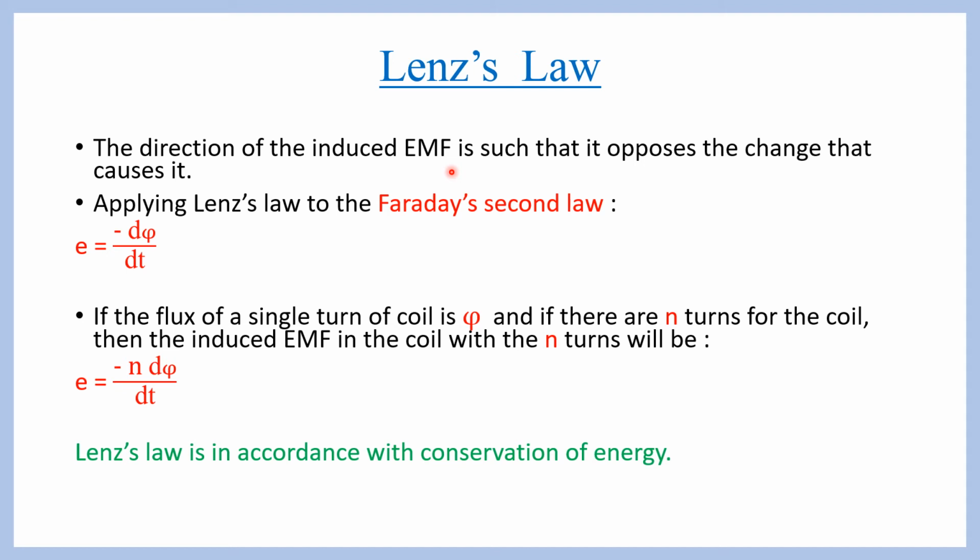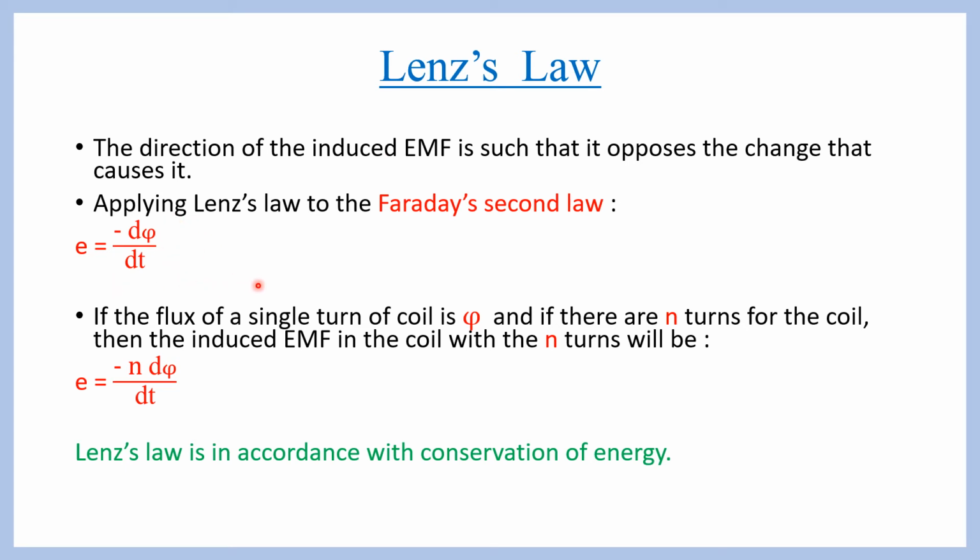The change in flux has to be opposed by the EMF. So EMF and d phi by dt are opposite to each other. That is, the direction of the induced EMF is in such a way that it opposes the change, that is, d phi by dt will be opposed by the induced EMF. So you can write E is equal to minus of d phi by dt.